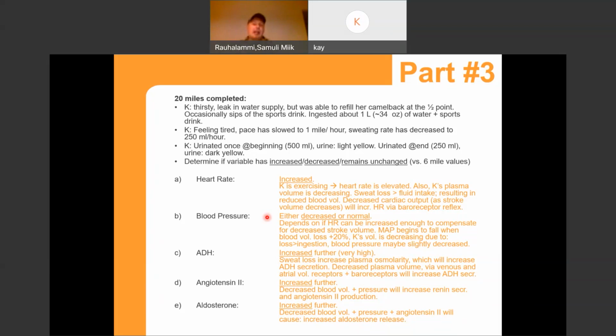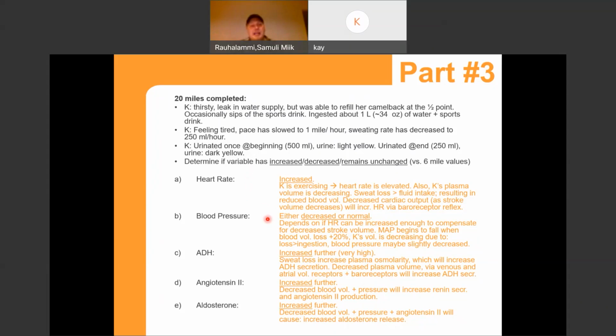We're seeing normal-ish or slightly decreased blood pressure because she has lost so much fluid. Her blood volume is lower, and whether we see a big change in blood pressure depends on how drastic that loss is and how much your heart is able to compensate for it through increased heart rate. So that kind of depends.